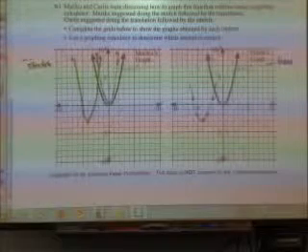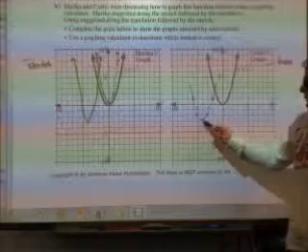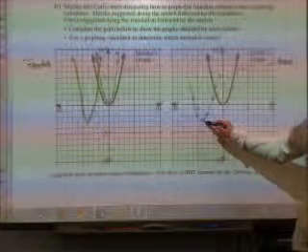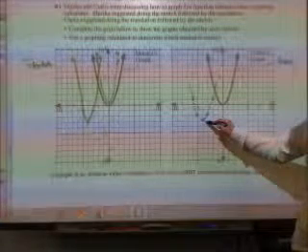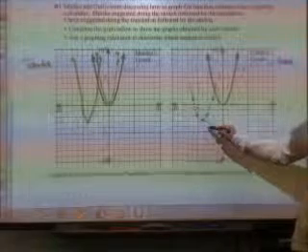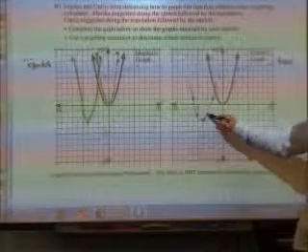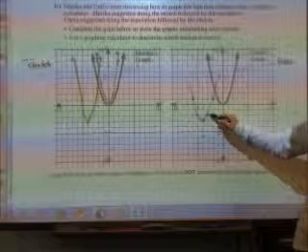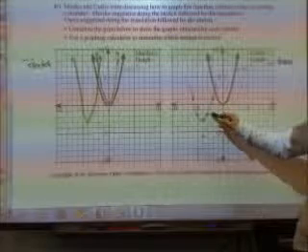Then he stretches it by a factor of 2. So it's the y values that become stretched. My y value that's at -3, if I multiply it by a factor of 2, becomes -6. This y value that is at -2 would become -4.